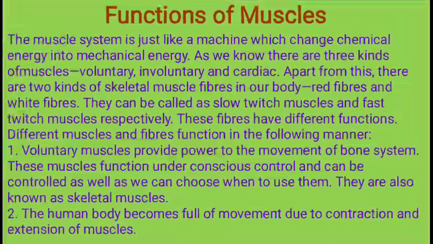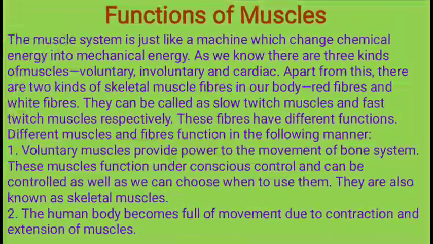When we want, we can move them. Involuntary muscles are those muscles which are considered smooth muscles which are present in our digestive system. Then the digestive tract, that is related to our intestine, esophagus, and all that. Then cardiac muscles are those muscles which are present in our heart. So these are the three types of muscles.